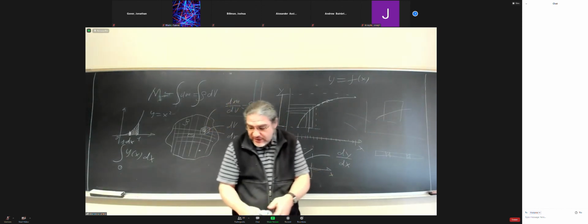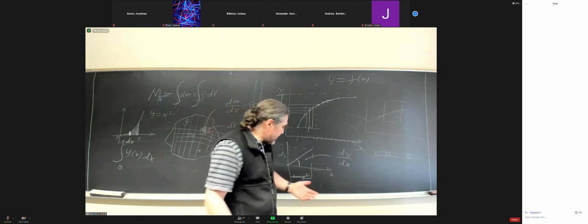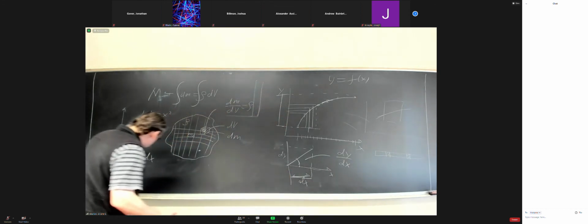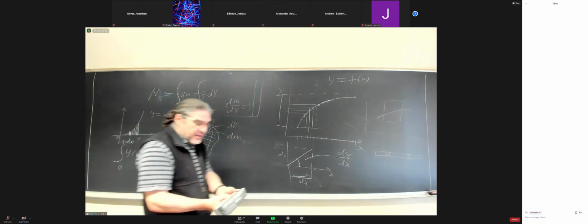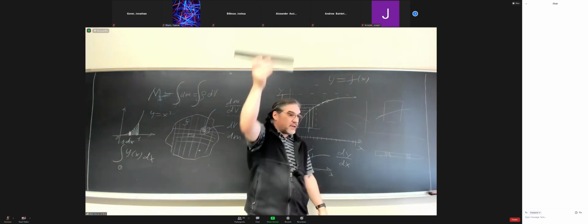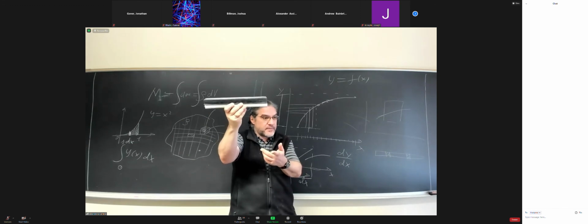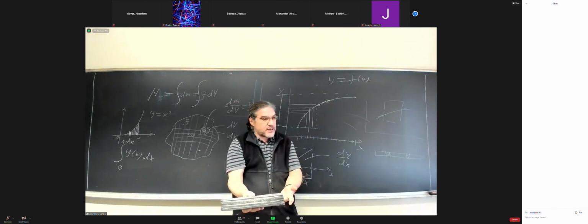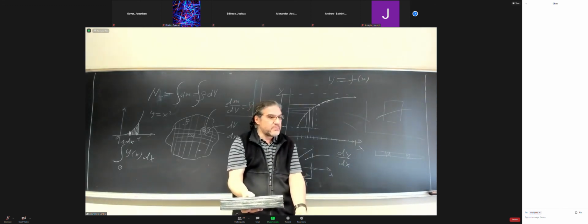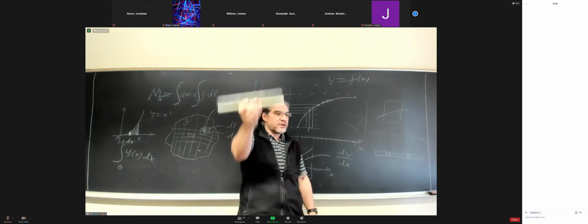If I take some mass in my hand and I'm trying to move it like this, I'm doing the work. The initial kinetic energy is 0, and there is some initial potential energy. Now I'm moving it up.